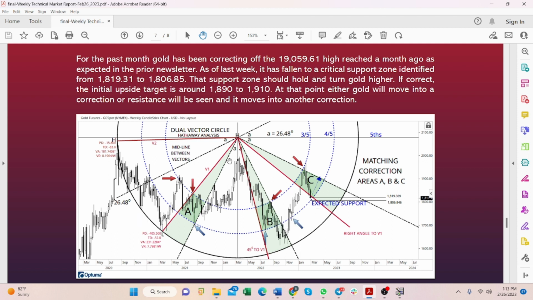And what these rectangles are showing is that there is a connection between the relationship within the B rectangle in the green, and then, I'm sorry, the triangle, and then the C triangle in the green, that there's a relationship. And what this shows is that we anticipate some significant support down to the 1806 zone or so, which we're essentially right there now, and a subsequent rally up to some levels that are discussed in the write-up.